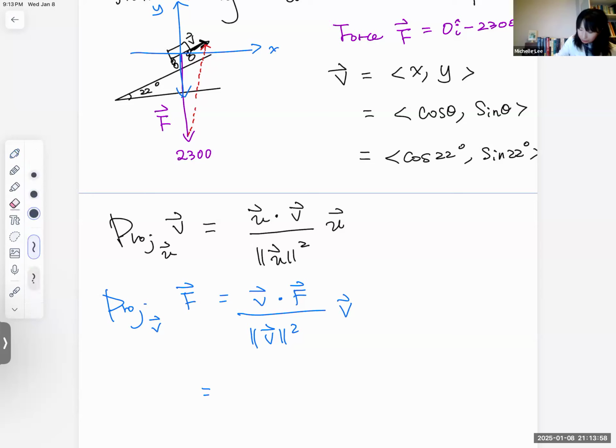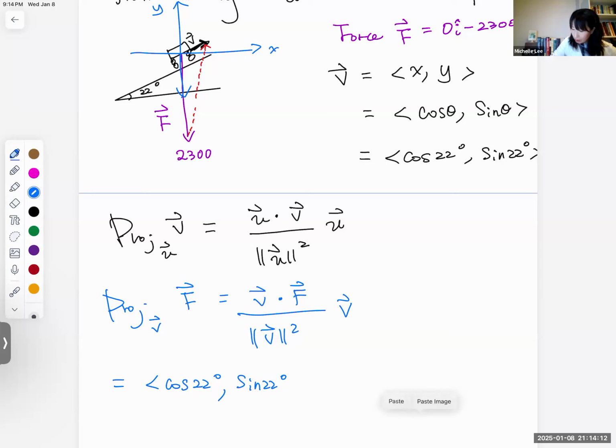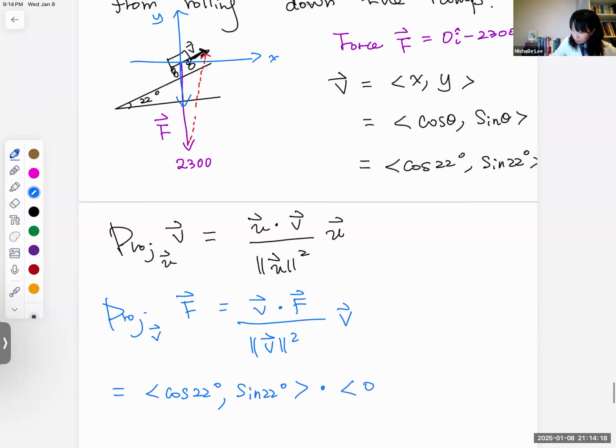Let me write it down. Can you please calculate what the cosine 22 degrees and sine 22 degrees are? And dot product with F. F was 0 and negative 2300, right?